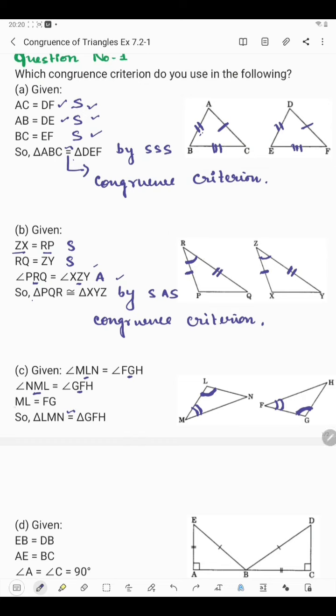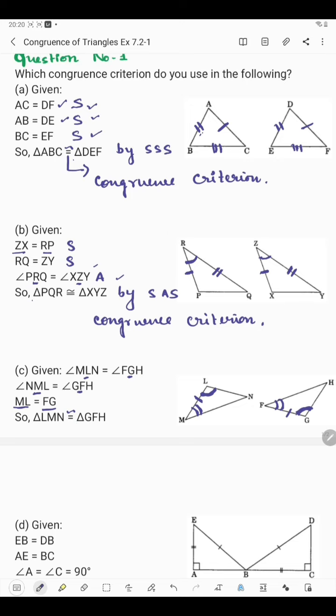Now here side ML is equal to FG. ML means this side and FG means this side, and ML from triangle LMN and FG from triangle GFH are equal. So we have to find by which congruence criterion triangle LMN is congruent to triangle GFH.